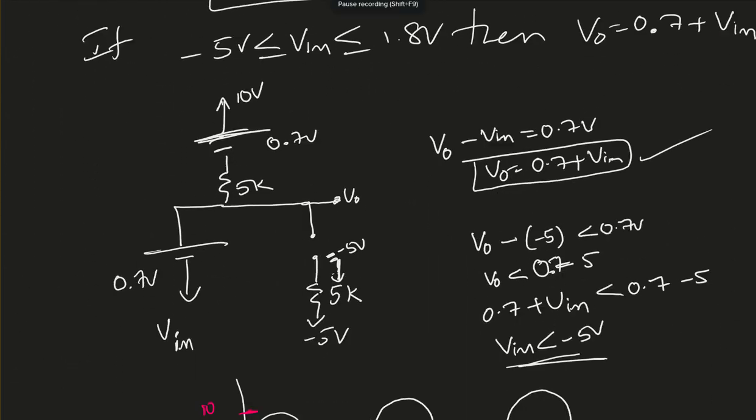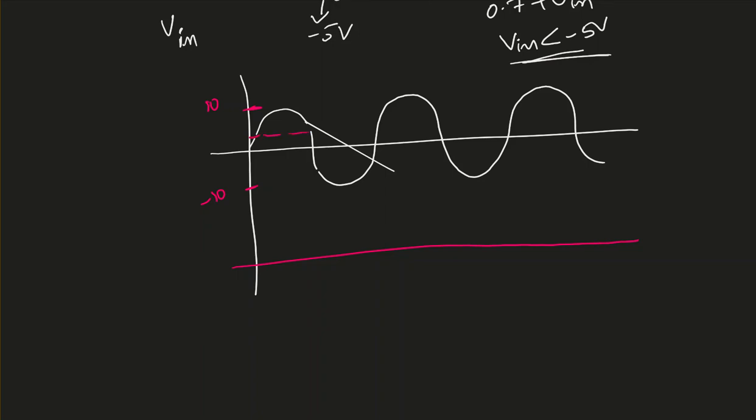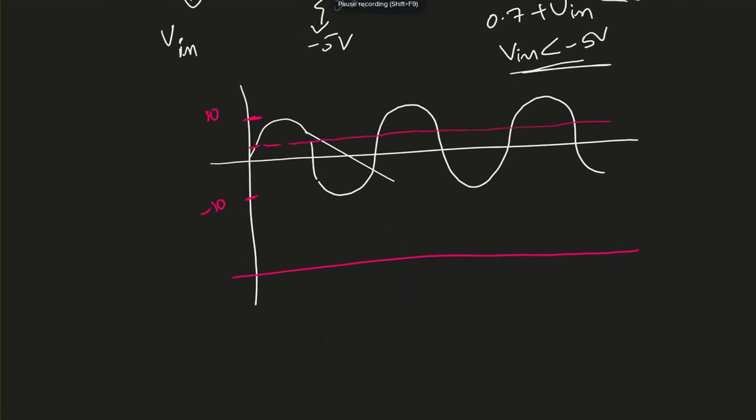I'm assuming this is 1.8 volt. So as long as it is above that pink line, my output is 2.8. Below that, V0 equals Vn plus 0.7. So now when the input voltage is 0, what is my output voltage?